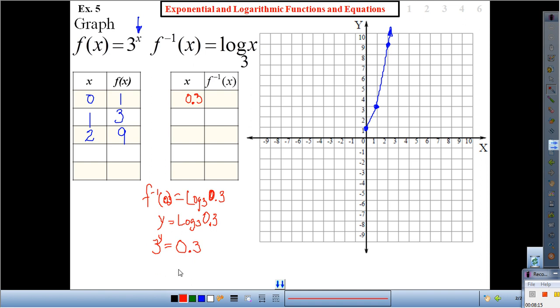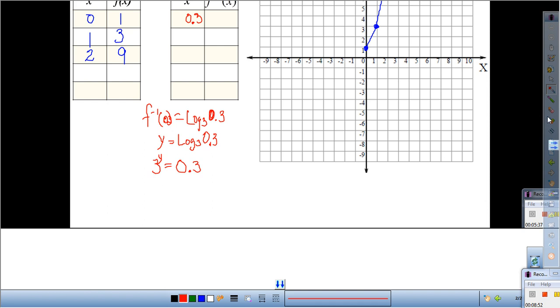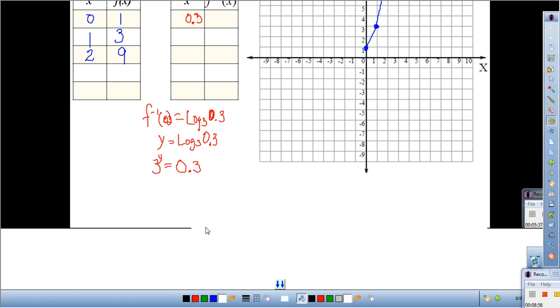Okay, so when you get to these, where this is a decimal, I want you at that point to change that into a fraction. You'll see why when we do the next part. So this is 3 to the y equals 1/3. You agree? And what do we say?